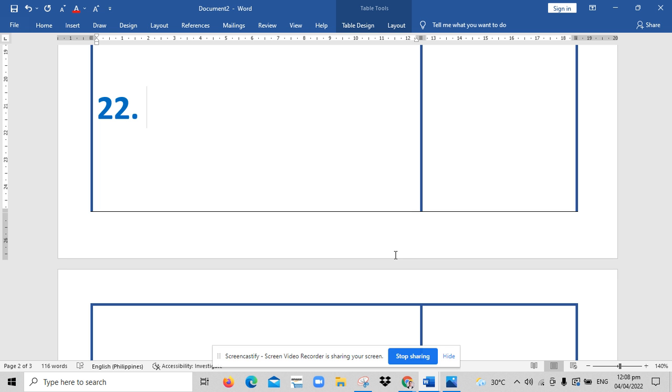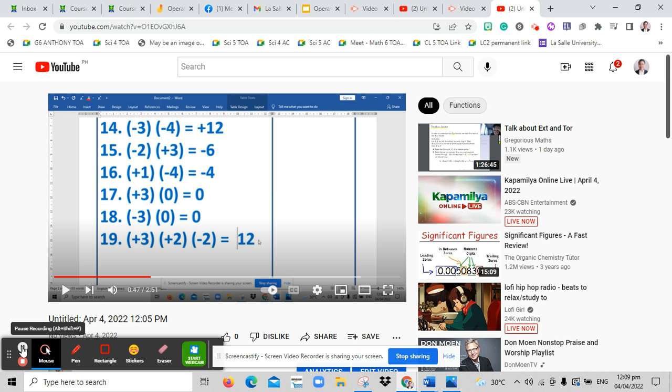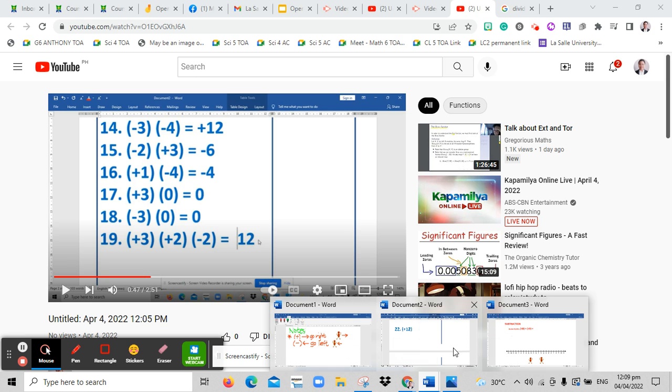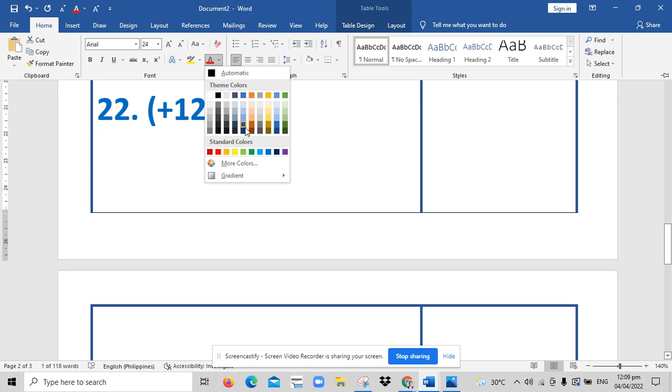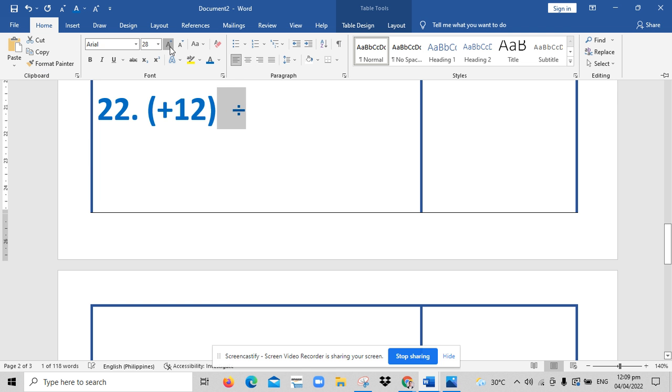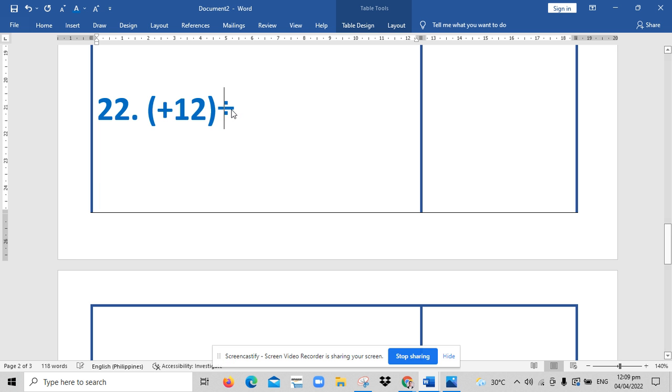For example, we have positive 12 divided by positive 3, still the same as in multiplication.